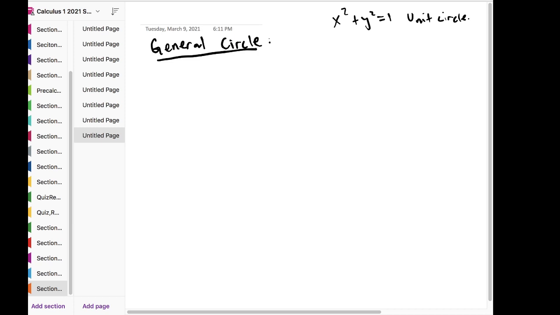I like h and k, that's fine. I'll use h and k. We had a general radius, but this will also have a general center. Okay, so h, k, and r are just numbers, by the way.